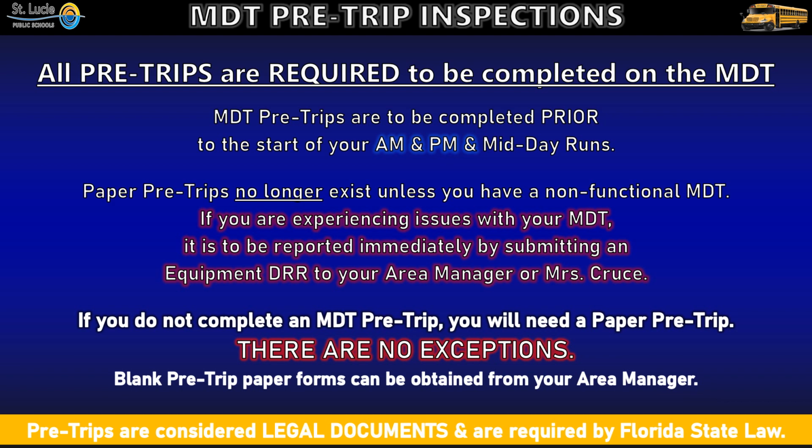If you do not complete an MDT pre-trip, you will need a paper pre-trip. There are no exceptions to this. Blank pre-trip paper forms can be obtained from your area manager. Remember, pre-trips are considered legal documents and are required by Florida state law.